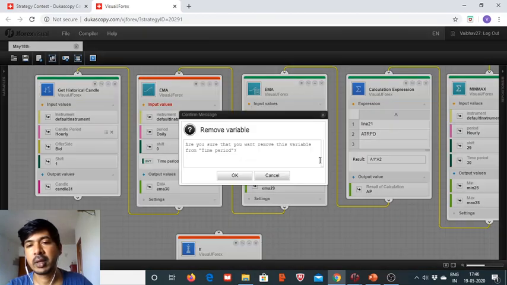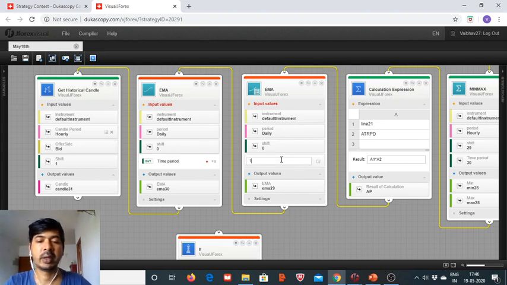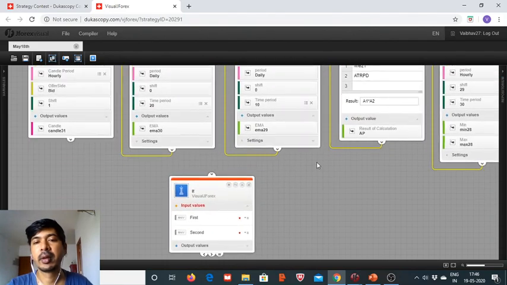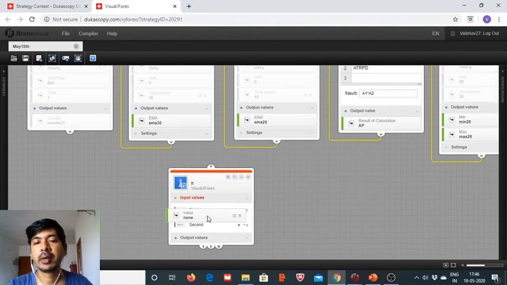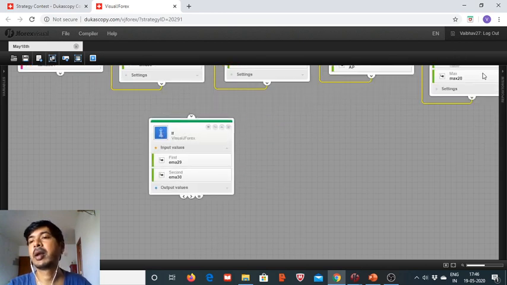Here we make it a 10 and 20 combination, so this will be 10 and this will be 20, and we will need EMA 10 to be greater than the EMA 20 for a buy trade to happen.